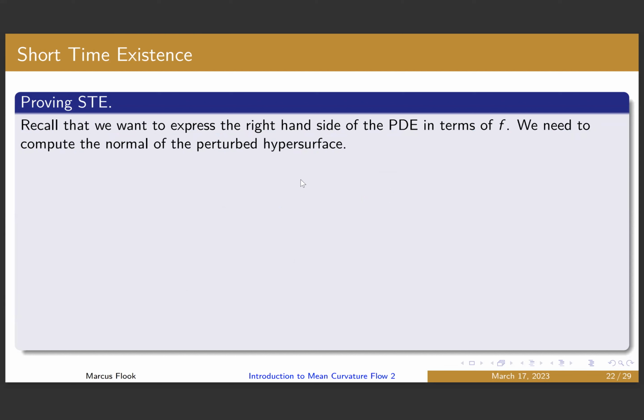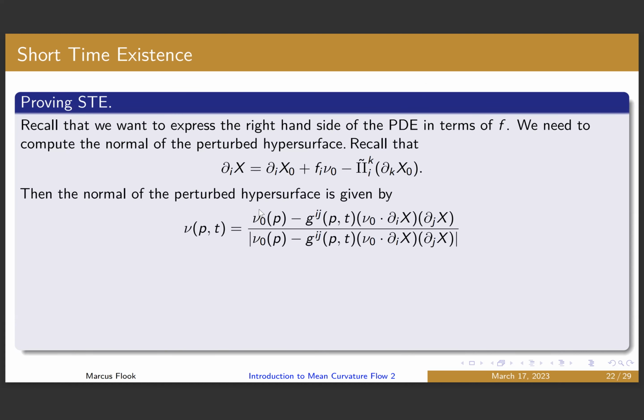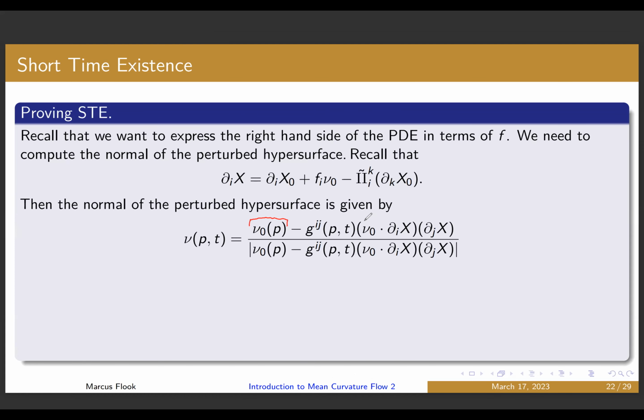So again, we need to compute the normal of the perturbed hypersurface. This isn't too difficult for us, actually. So recall that we have our tangent vectors here. All we're doing here is taking the initial normal component and getting rid of all of the components that are tangent with respect to this new tangent space.